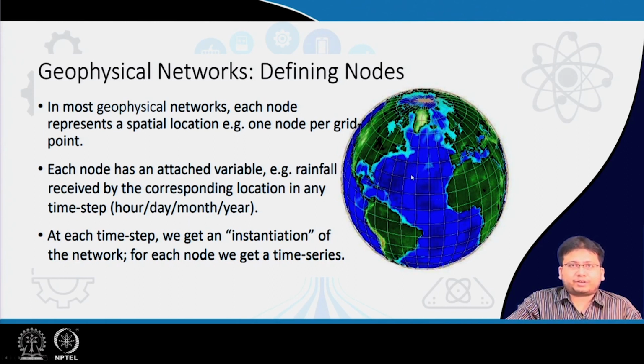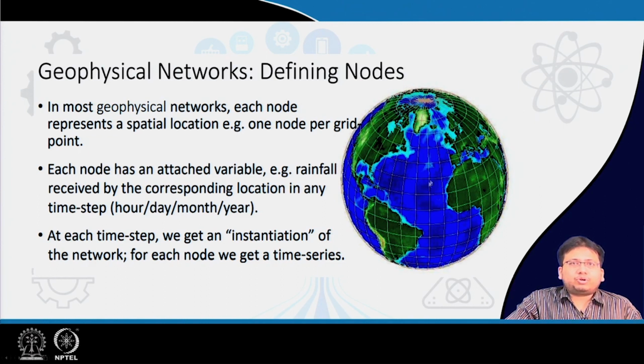So, this is an example of a grid. This grid can be treated as a single location, and it can be represented by a node. Similarly, this grid cell may correspond to another node and so on. This way we get a collection of nodes all over the surface of the earth.